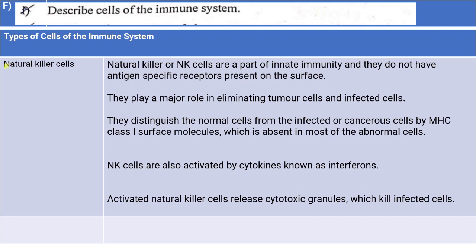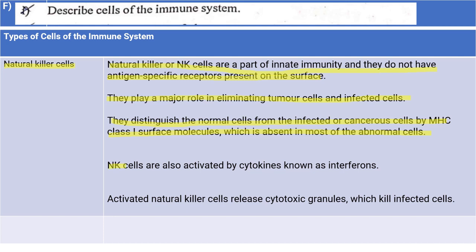And the third one is the natural killer cells. The natural killer cells are a part of innate immunity and they do not have any antigen-specific receptor present on the surface. They play an important role in eliminating tumor cells and infected cells. They distinguish the normal cells from the infected or cancerous cells by the MHC class 1 surface molecule, which is absent in most of the abnormal cells.